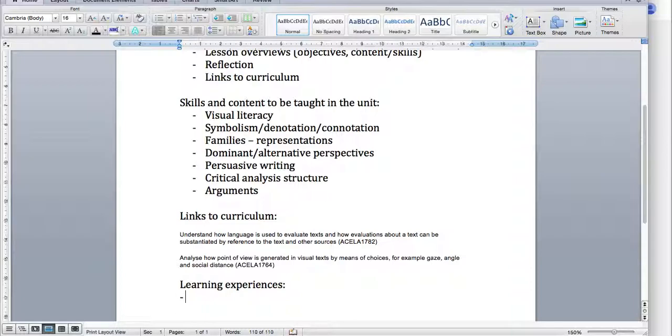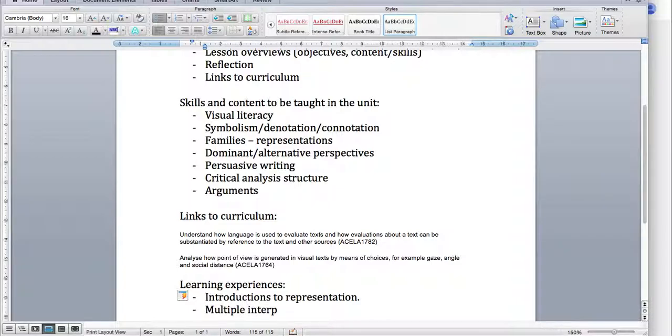We could do so many activities in terms of introductions to representation. Okay, and there are lots of activities that you can find that will introduce the idea of representation, how one thing stands for another. You could look at multiple interpretations or readings of a text, okay?